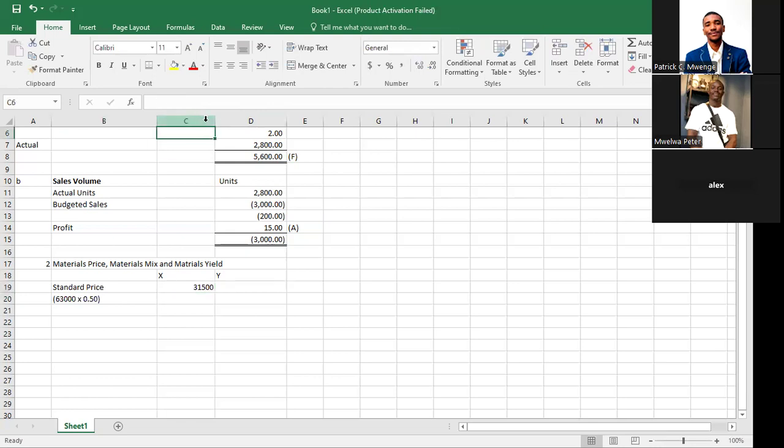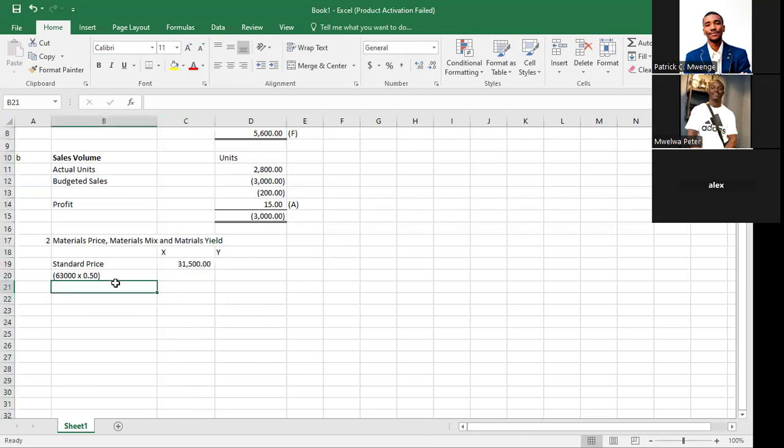But we also need to calculate the total standard price for Y. We also do the same. We purchased 112,800 units, which are kgs. But had we followed the budget, how much would we have spent per unit of material Y?